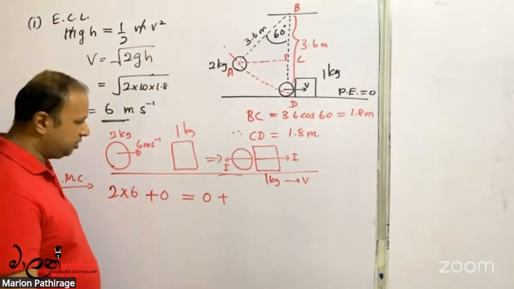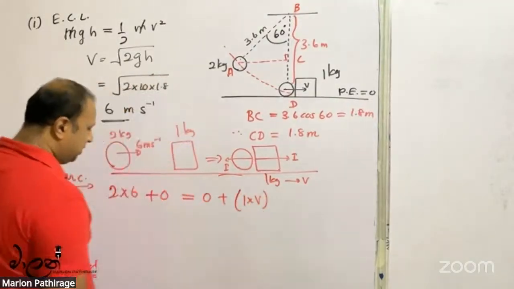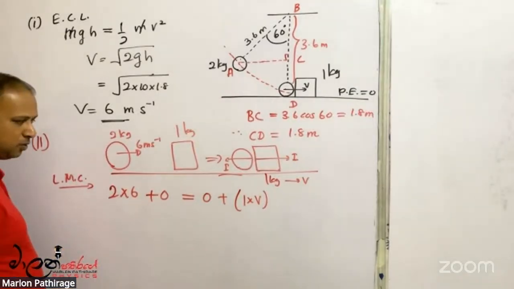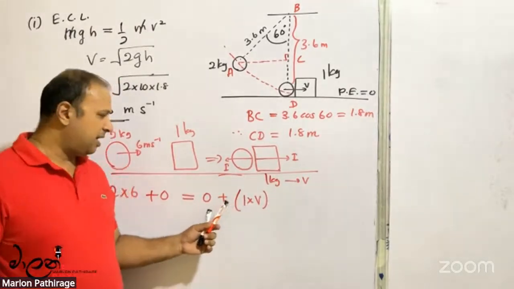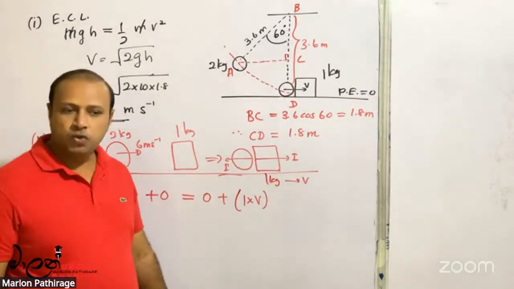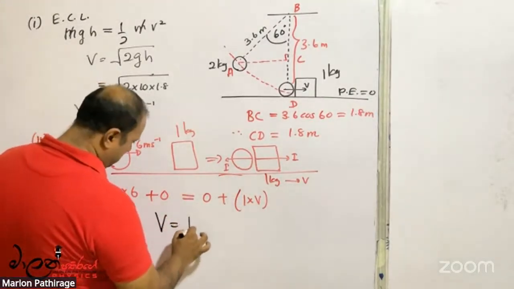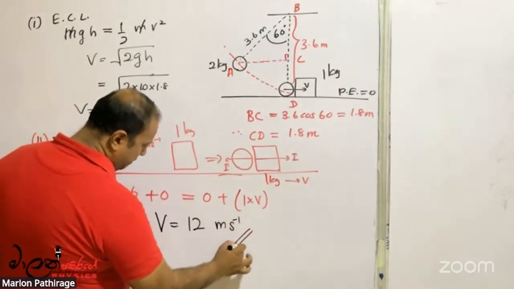So 1 kg into V, that means V, is equal to 12. Therefore, V is equal to 12 m/s.